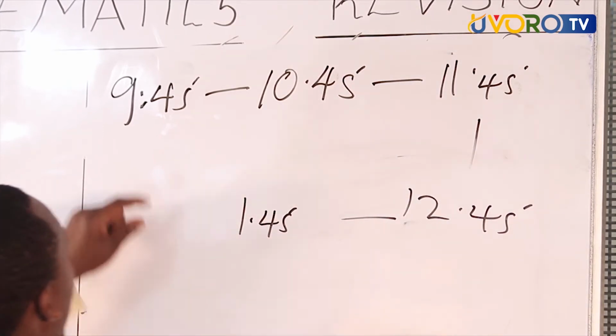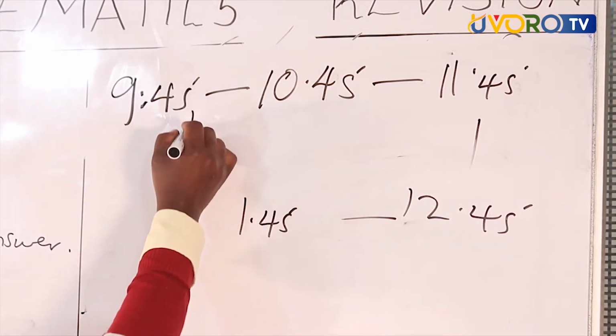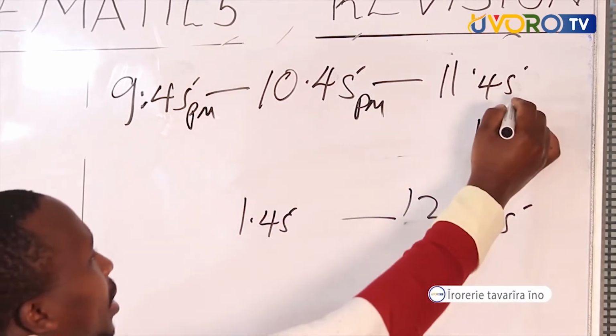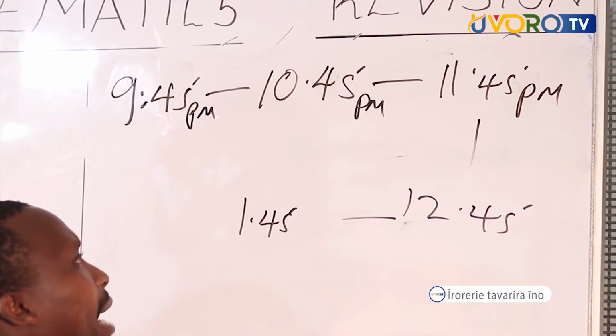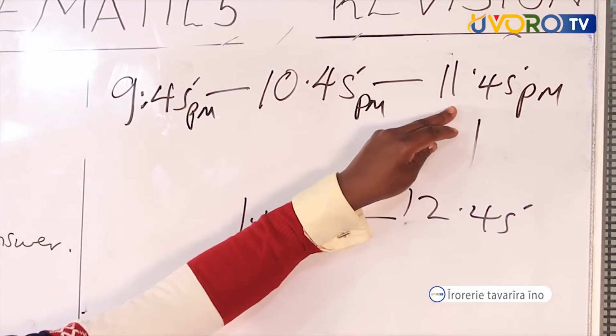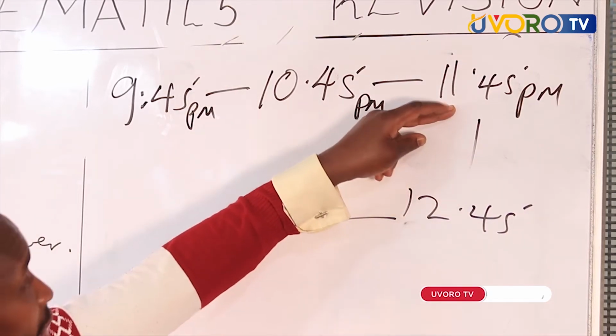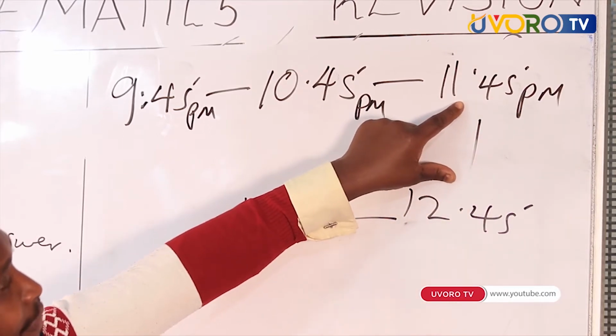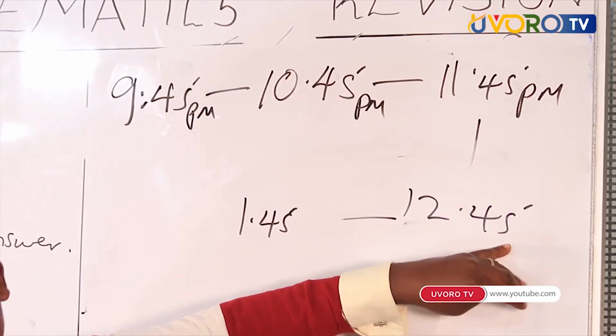What is this now? This is 9:45 p.m. to 10:45 p.m. to 11:45 p.m. Have we arrived at 12? No. So what is going to happen? 12 is between 11:45 and 12:45.